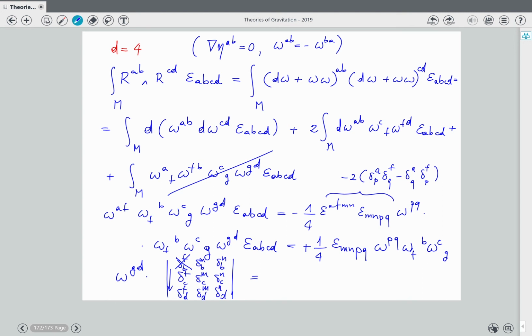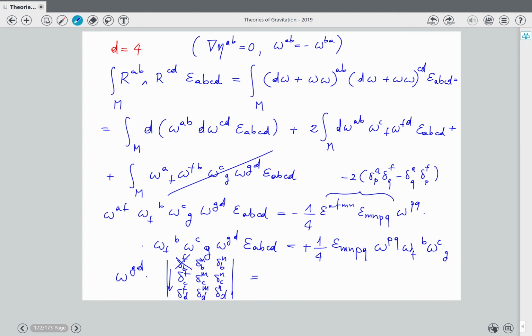But we can check it again here. So, apart from the overall sign, which in the end doesn't really matter, we can start from here. Epsilon Mn PQ, omega PQ, omega FB, omega CG, omega GD.